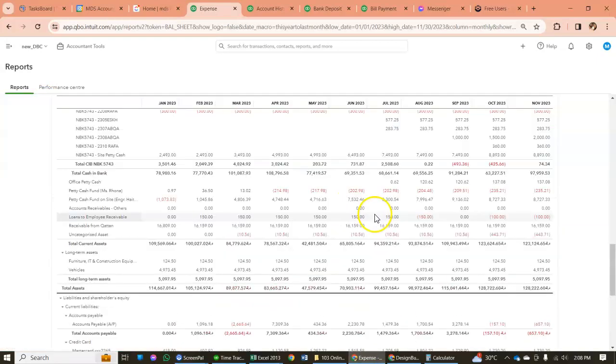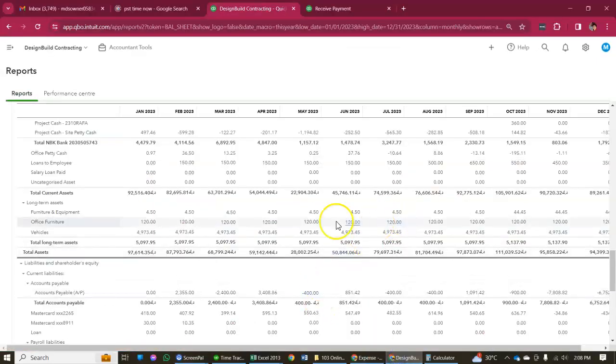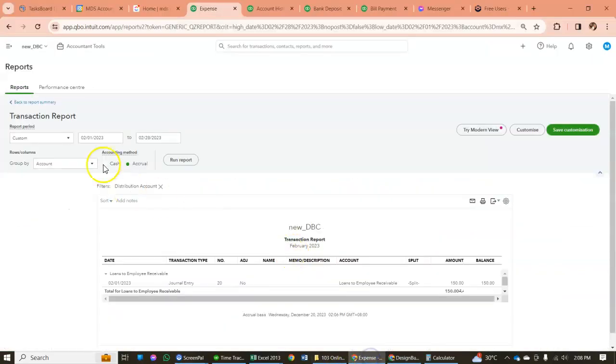Let's try Feb. Why don't we have 150? Yeah, there is a 150 in Feb, and there is also 150 in Feb here. Okay, so I think we're synchronized. We're reconciled.